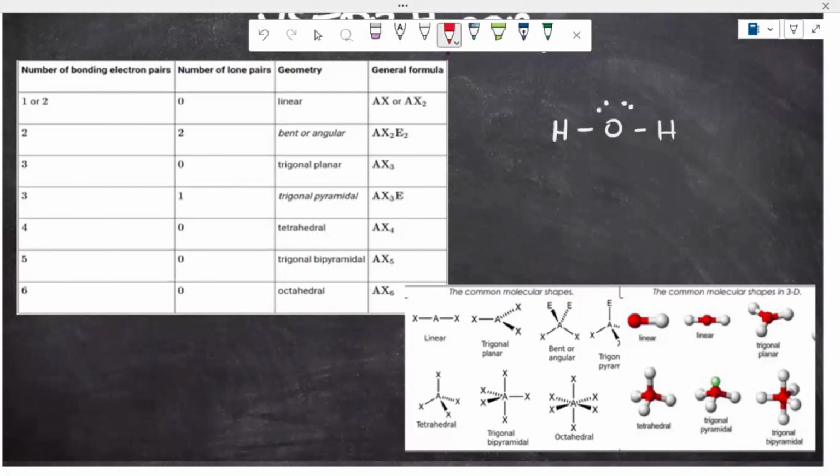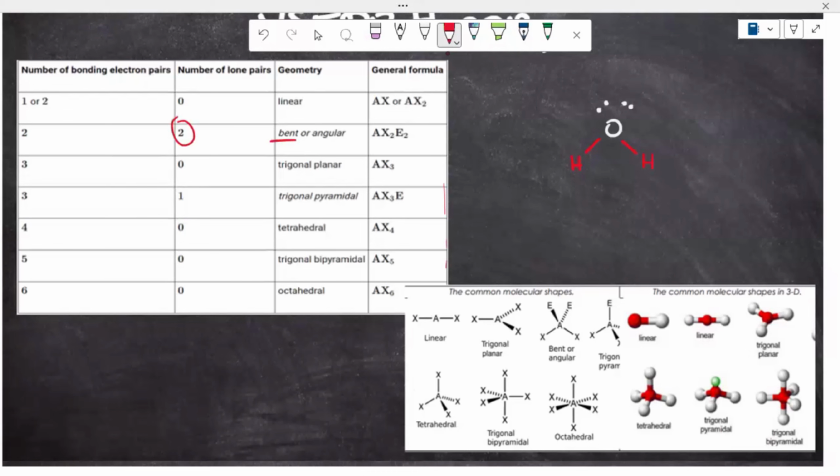So these lone pairs are going to force these bonds further away, which results in a more bent shape of the molecule, right? So water is an example of a bent or an angular type of molecule, okay? Because we have two bonding pairs, but we also have two lone pairs present, resulting in our bent or angular shape. Luckily for us, in this table, they did give us general formulas, right?